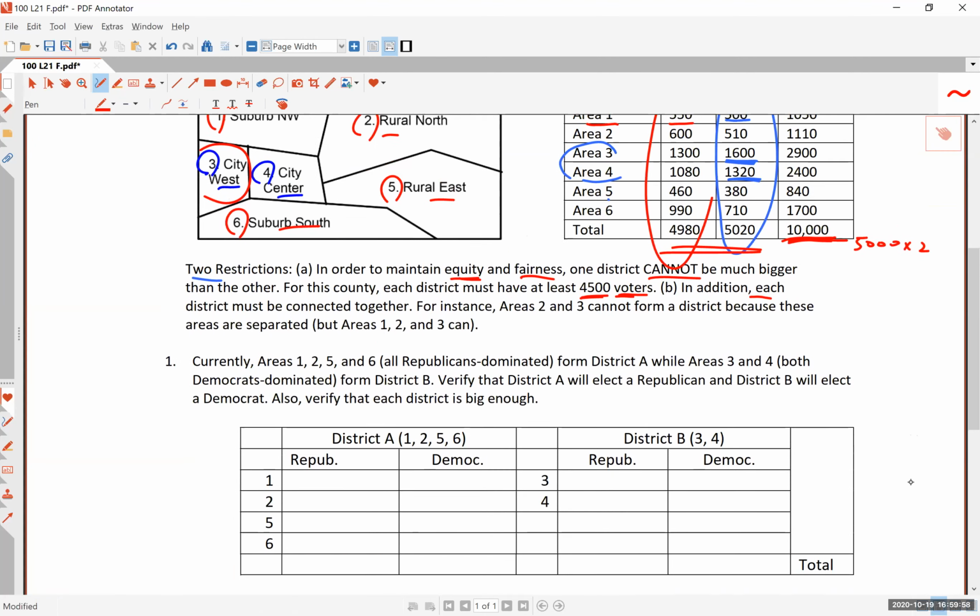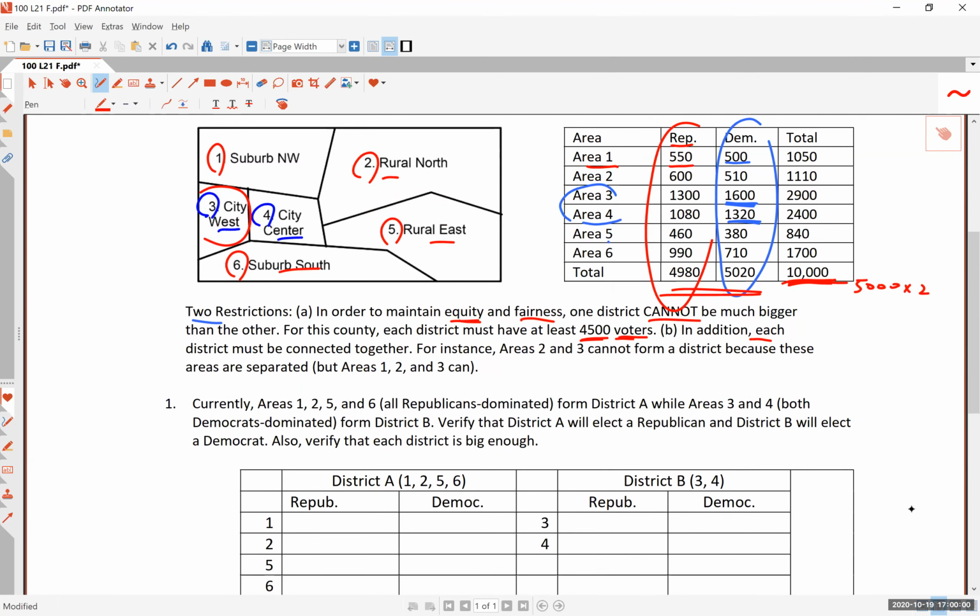Right now, currently, areas 1, 2, 5, and 6 are all red party dominated areas. These are the suburbia and the agricultural rural areas.